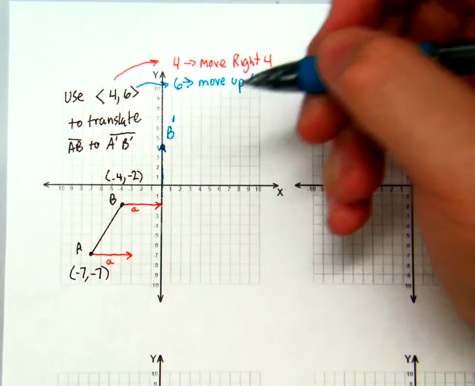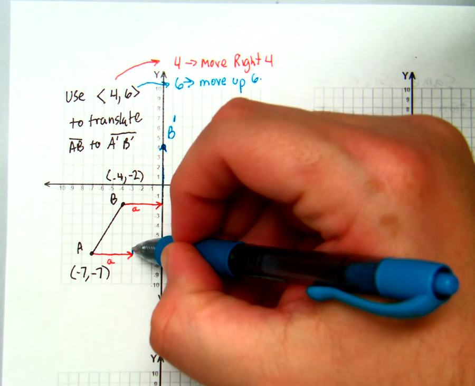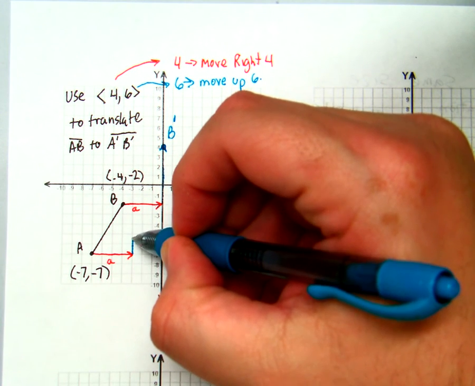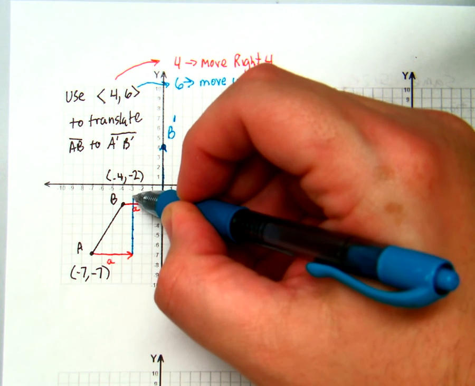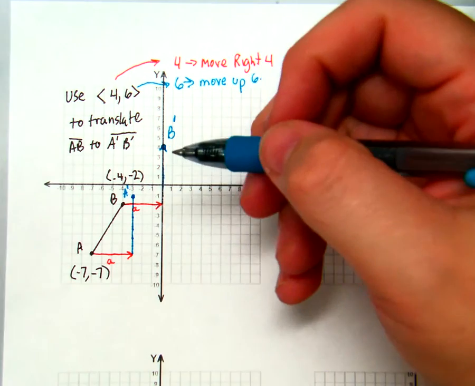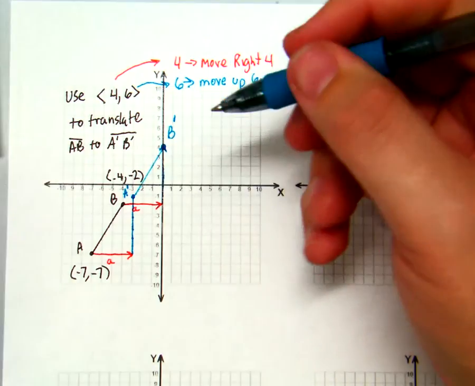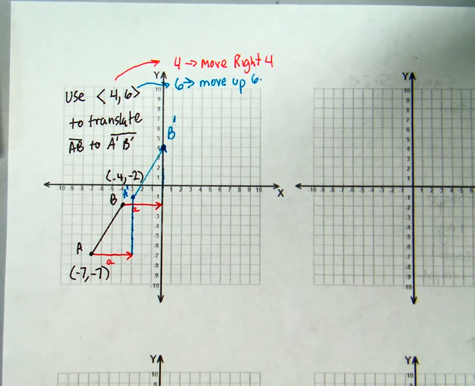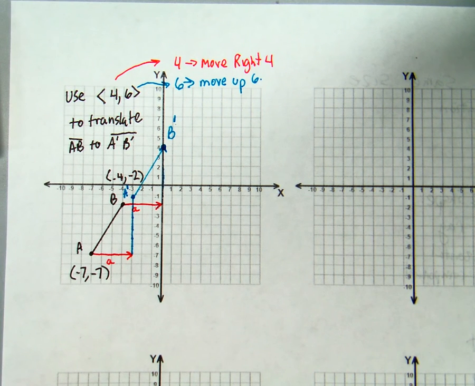Now, from here, I'm going to go up 1, 2, 3, 4, 5, 6. There's my new A prime. And there's my new line. And since it's kind of hard to see at this moment, I'll highlight that.